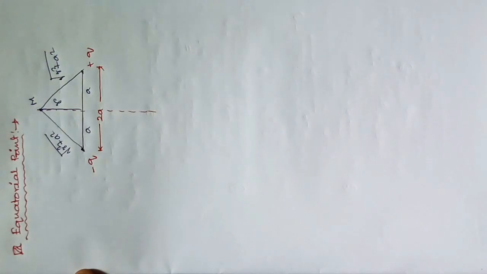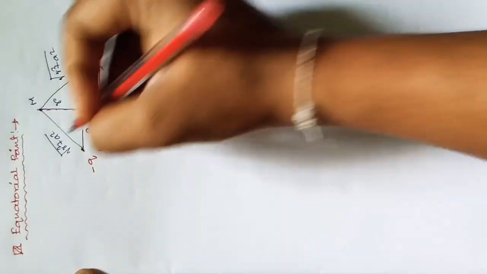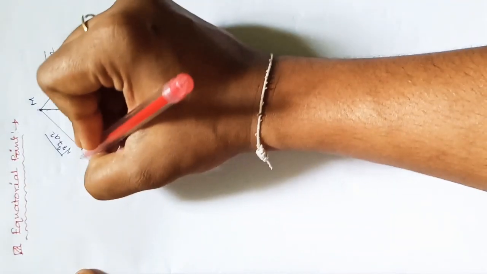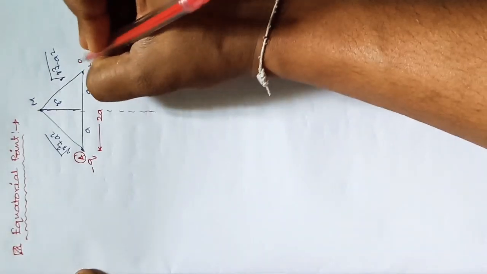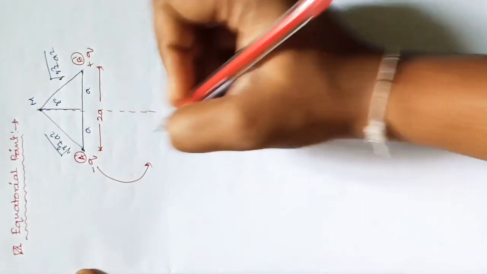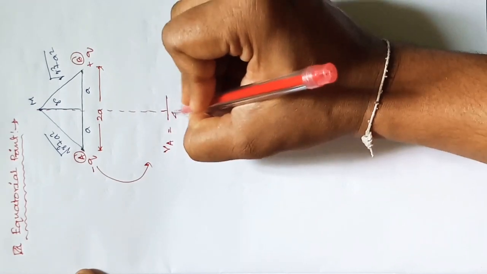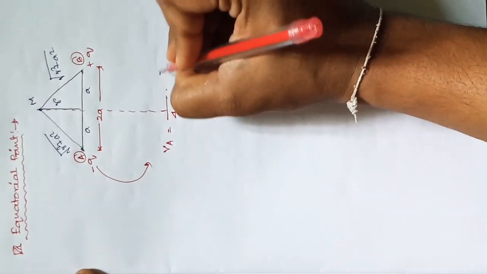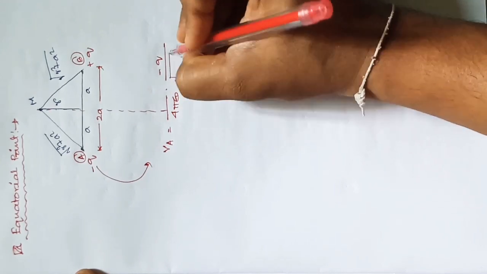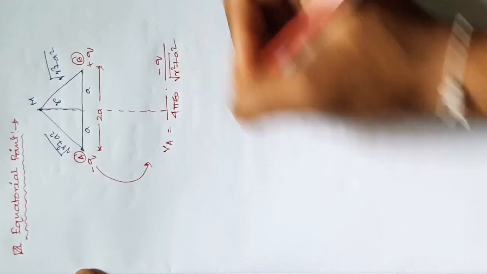Now the electric potential due to this minus q charge, if we consider VA, will be 1 by 4 pi epsilon naught minus q by root under r square plus a square.